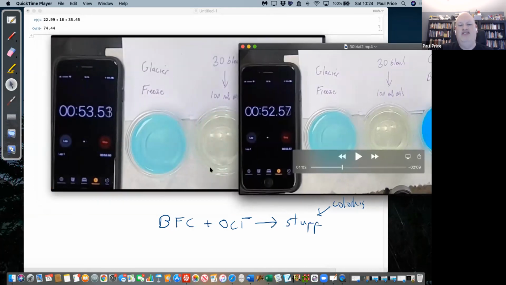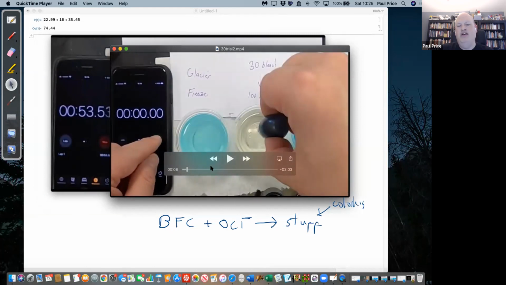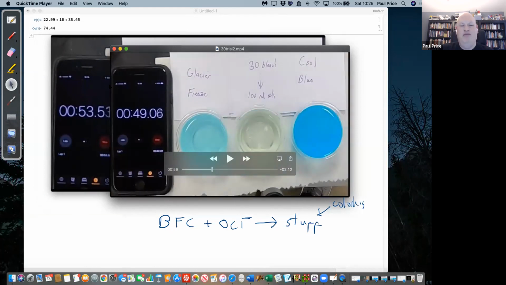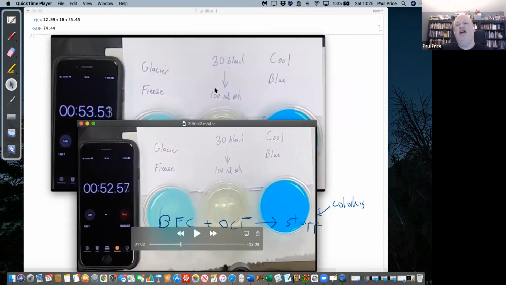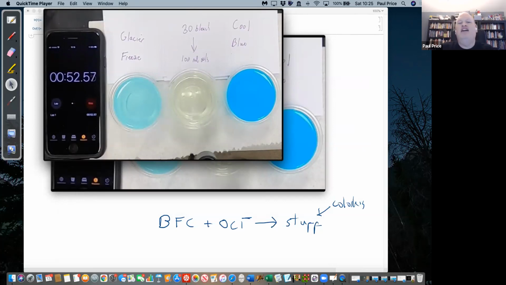In the second run, I use the exact same container of bleach, okay? Exact same container of bleach, and I put it back in, so I'm just running it again. And notice it went away again in about 50 seconds. It took the same amount of time. Well, that's important to know because what that's telling me is between my runs, my concentration of bleach hasn't changed.